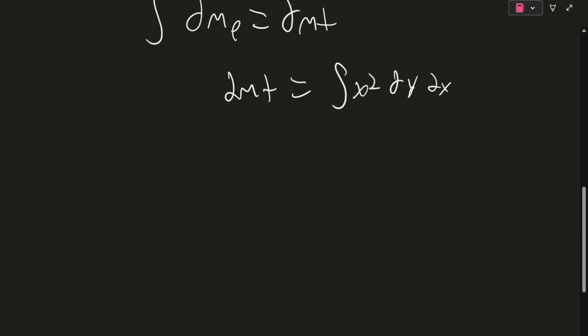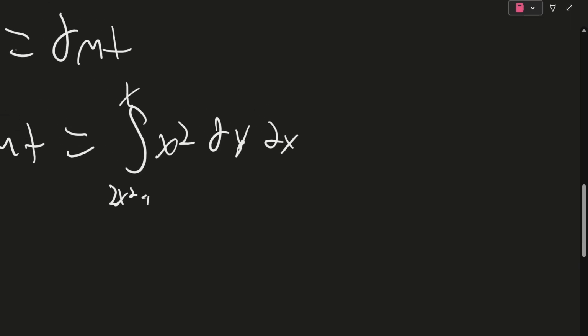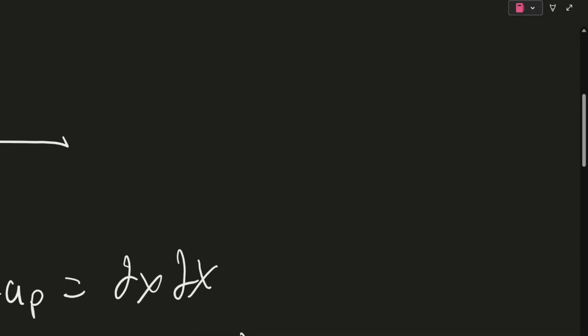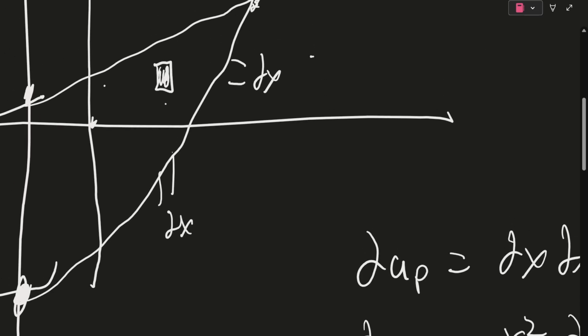So this is from 2x squared minus 1 to x. And we're going to integrate this with respect to y, because our x is going to remain constant, because we're only looking at this little x value strip.